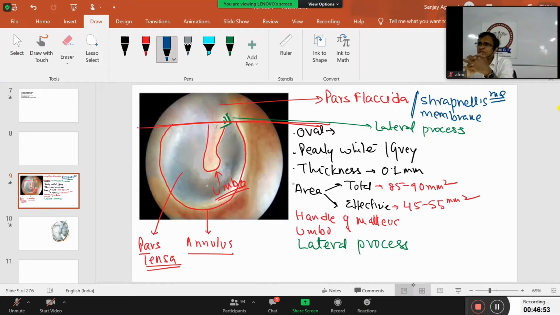And please be mindful of the spelling. It's not S-H-A-R-P, it is S-H-R-A-P. If you have written S-H-A-R-P, please correct that. Shrapnell's membrane, that's how you pronounce it.